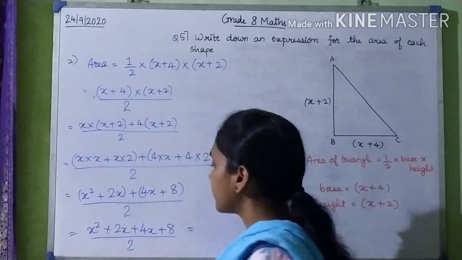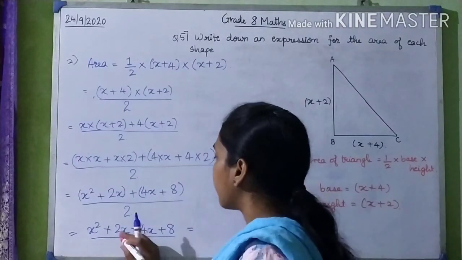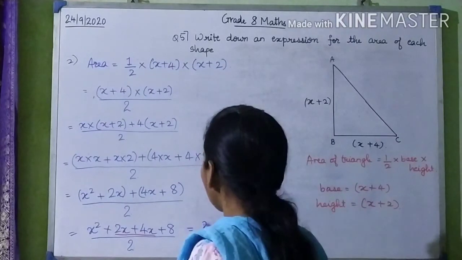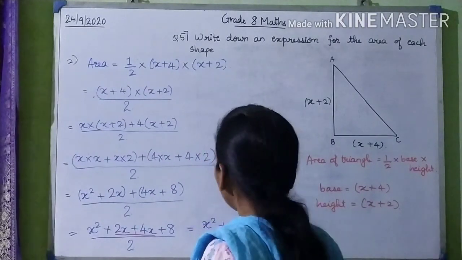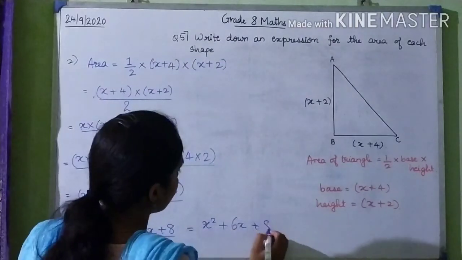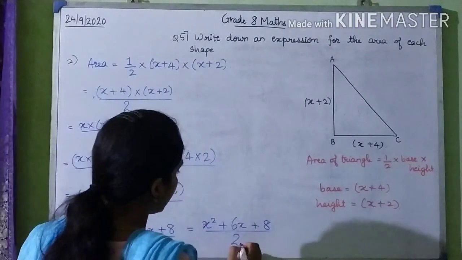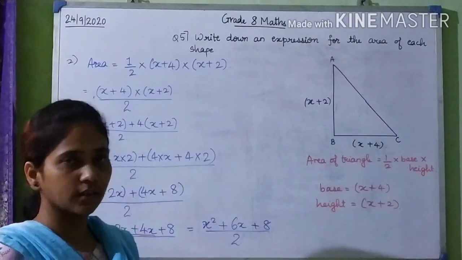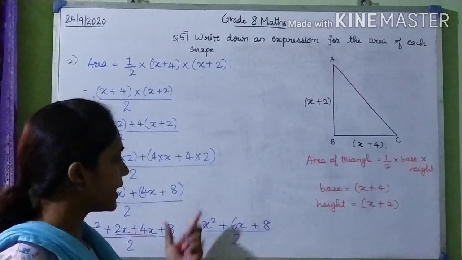Okay, this now becomes, these two are like terms, 2x plus 4x, so we add them. So this becomes x square plus 2 plus 4 is 6x plus 8 divided by 2. Okay, so now this we cannot further simplify, so this remains as it is.